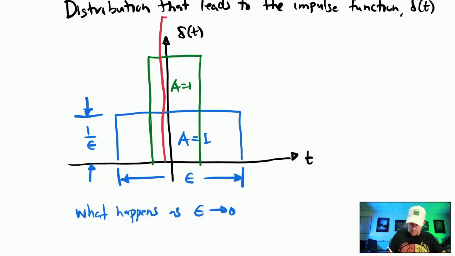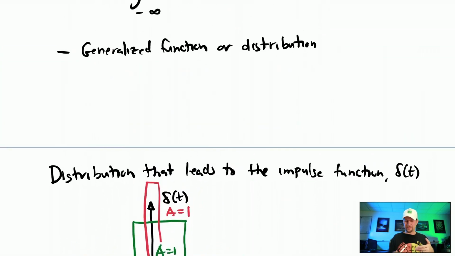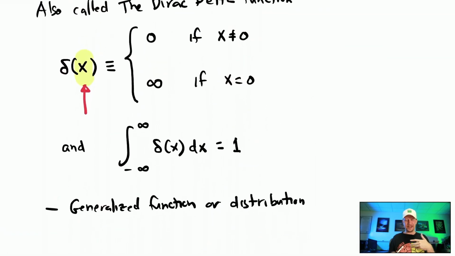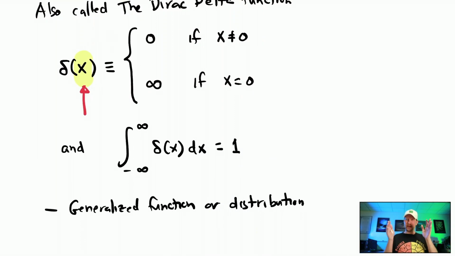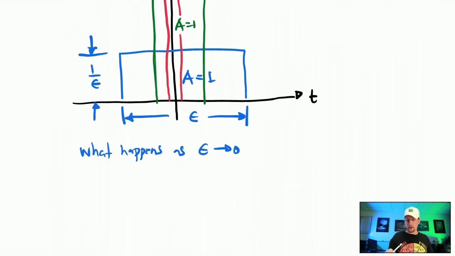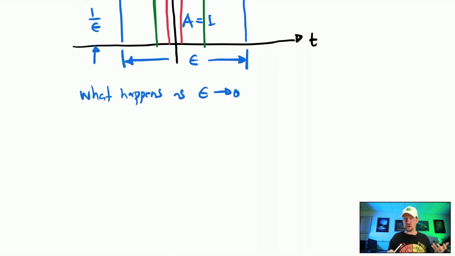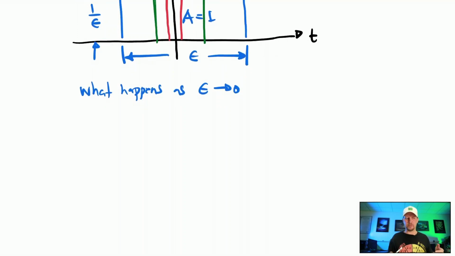The area inside of each one of these successive rectangles is always 1, but as epsilon shrinks down to 0, notice that you end up getting the behavior that you wanted from the impulse function, namely that it is 0 everywhere, except at the singularity, where it blows up to infinity. And there are many other types of distributions that lead to the exact same type of behavior.